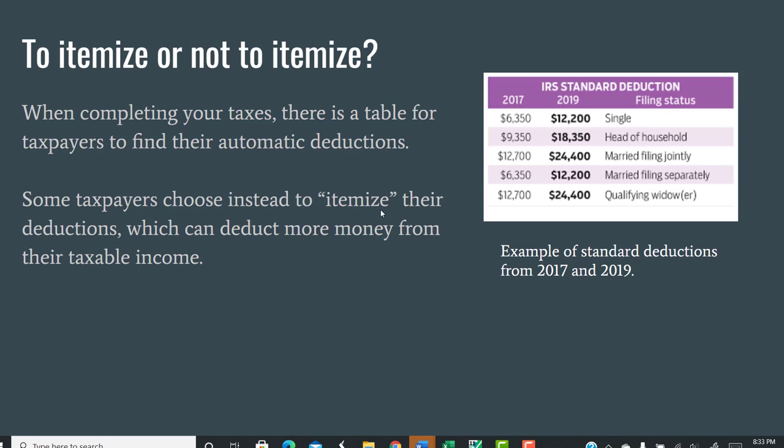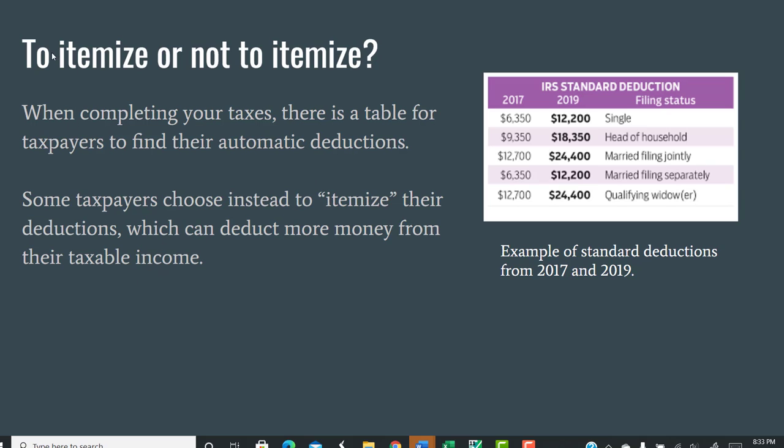Real estate, they often itemize because they get deductions for driving people around. So you can talk to family and ask if they itemize or not. When you itemize, you have to do a lot more paperwork, but you might be able to deduct more money from your taxable income. So that's going to cause you to not have to pay as much in taxes, and so that's why that's a benefit.